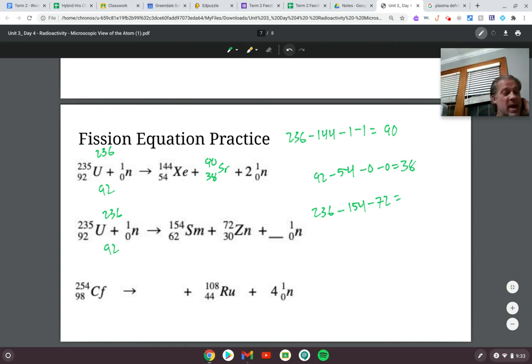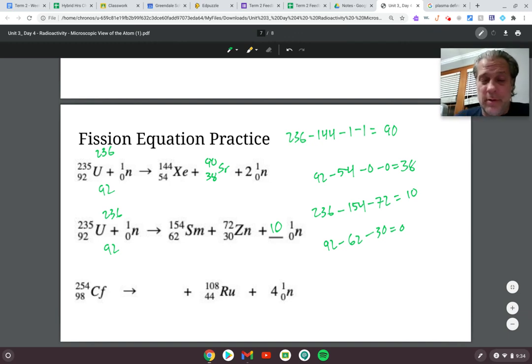And when I do that, I get a value of 10. And if I take 92 minus 62 minus 30, I get 0, which is what we want. So in this case, the number of neutrons that are given off is a total of 10.